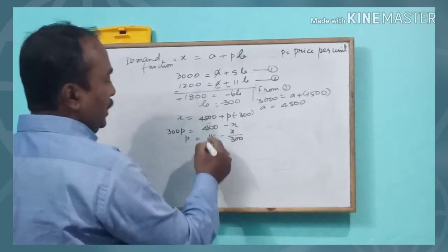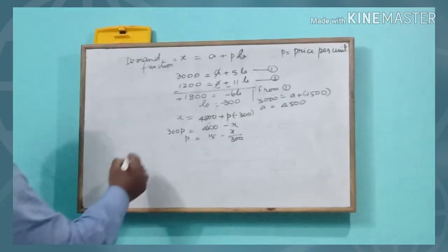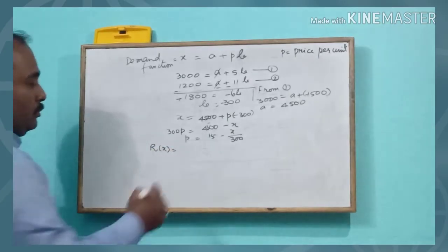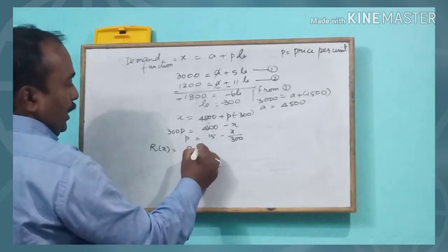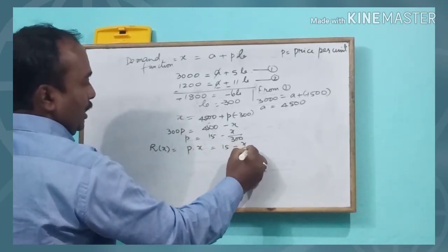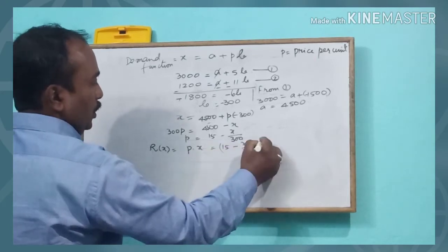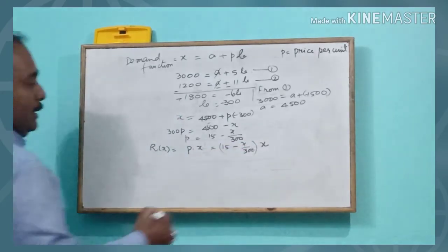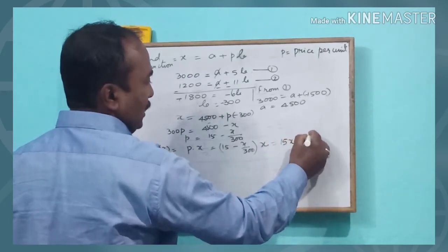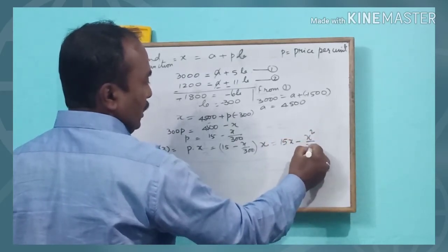This is the price per unit. Therefore, the revenue function is what? Revenue function is equal to price per unit into x, that is 15 minus x by 300 into x, that is equal to 15x minus x square by 300.